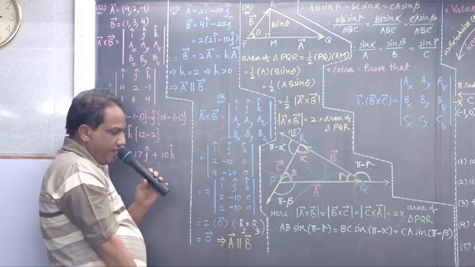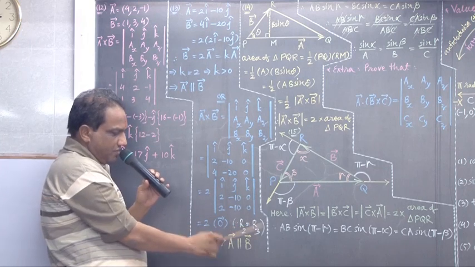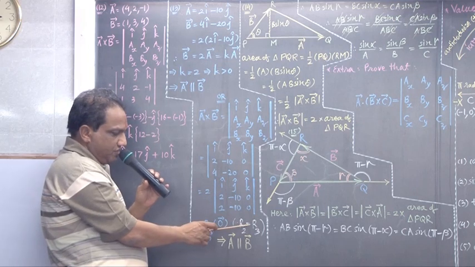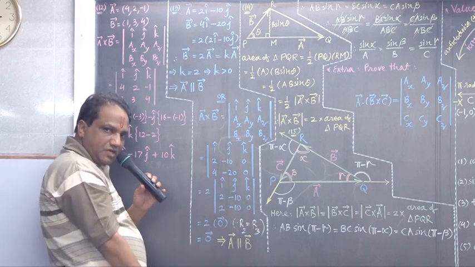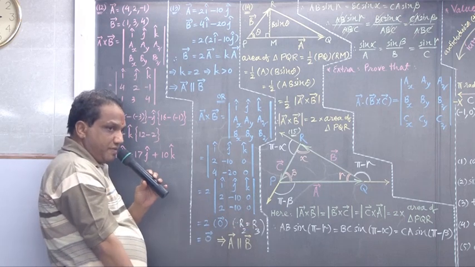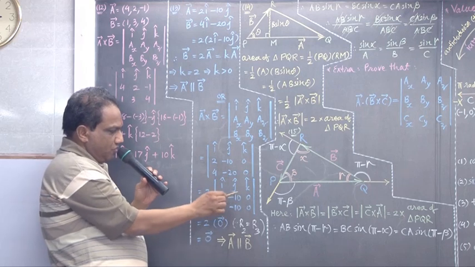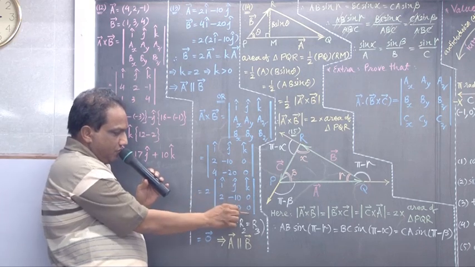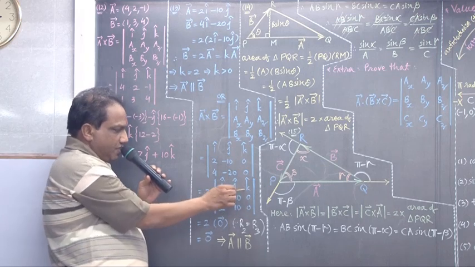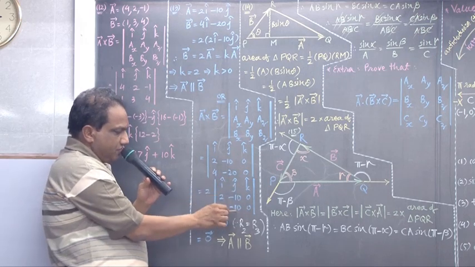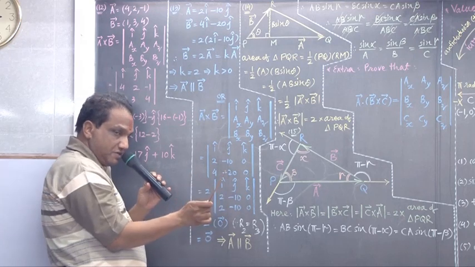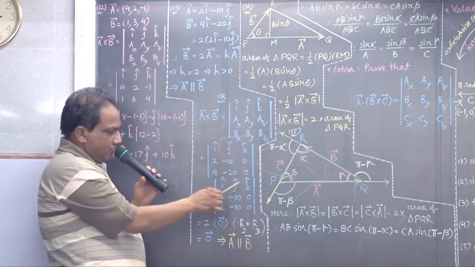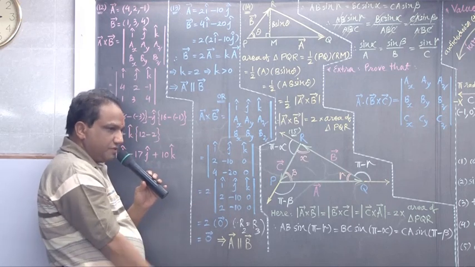You should give the reason in brackets: because R2 equals R3, where R stands for row. The second row is equal to the third row. Even if you expand, I hat into this minus this into this, minus j hat into this minus this into this, plus k hat into this minus this into this, the value is really 0. So this is the zero vector into 2, that is the zero vector.